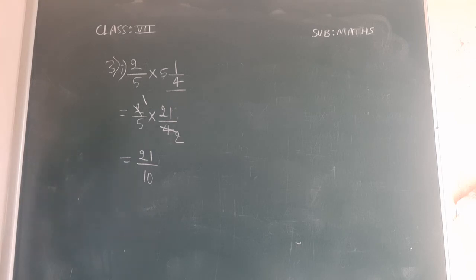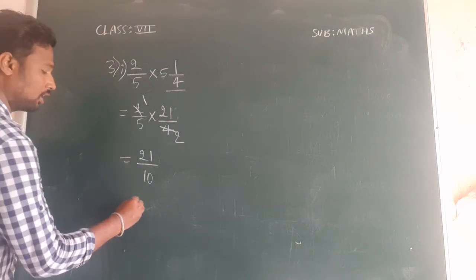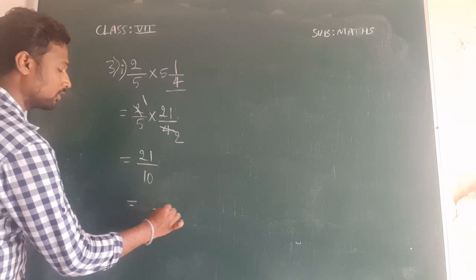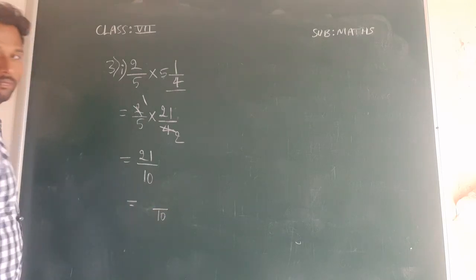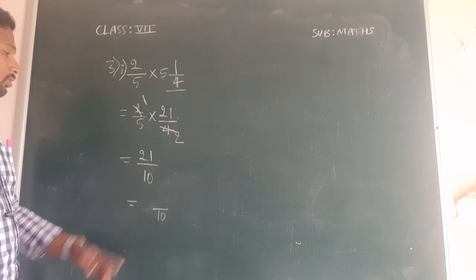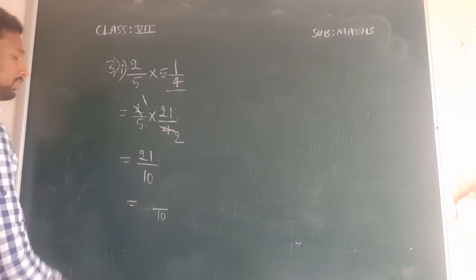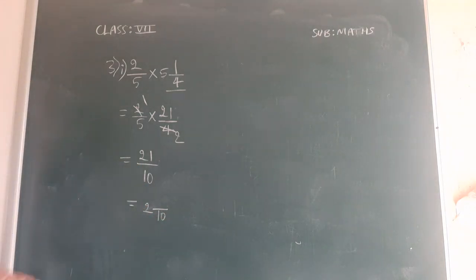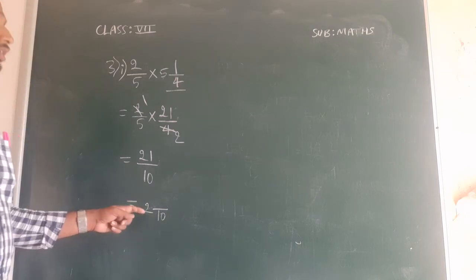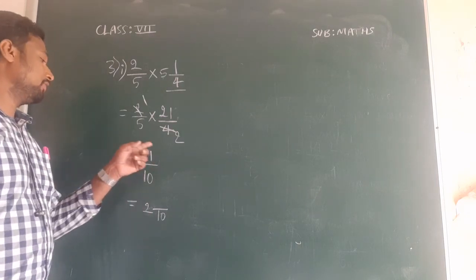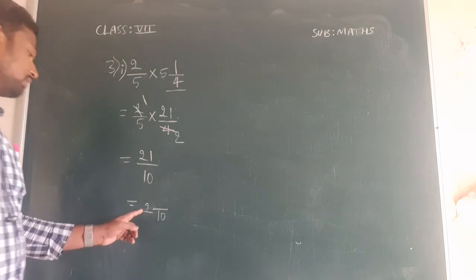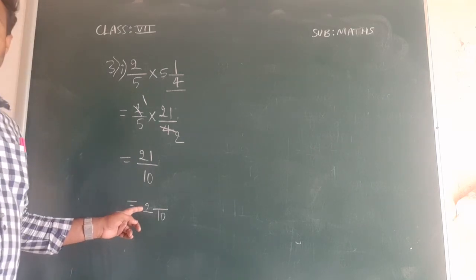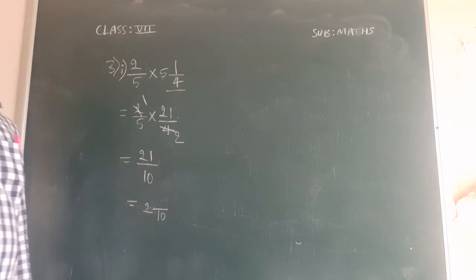But we want to convert this to a mixed fraction. How will you convert? We keep the denominator the same only, that is 10. Okay. So if I multiply this 10 with 2, I will get 20. If I multiply with 1, 10 into 1, 10, but that is very less than 21. If you consider 3 here, 10 into 3, 30. 30 is greater than 21.